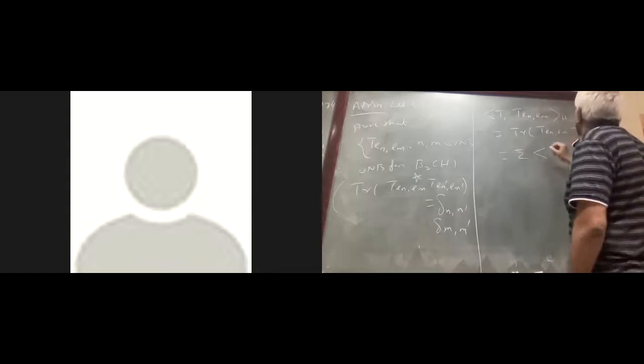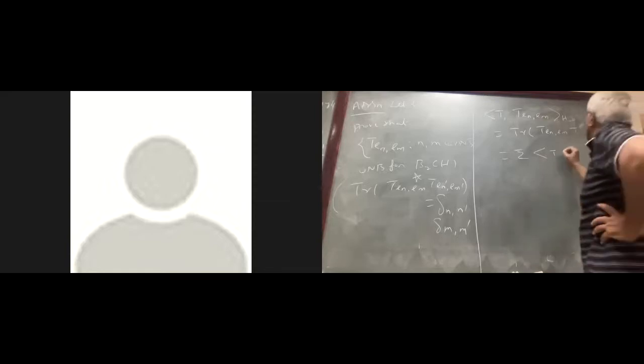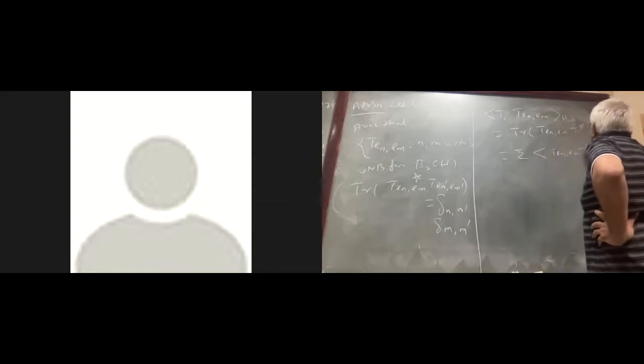Whether there is a star or not doesn't matter, you will finally get the same. So the thing is, you have T, E_n, E_m, and there is a T star.